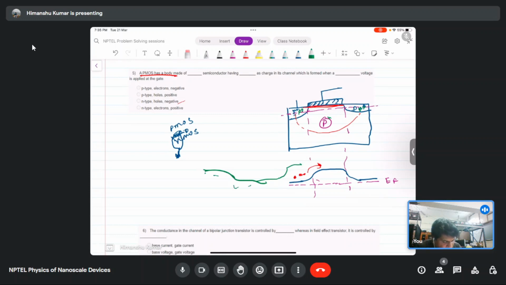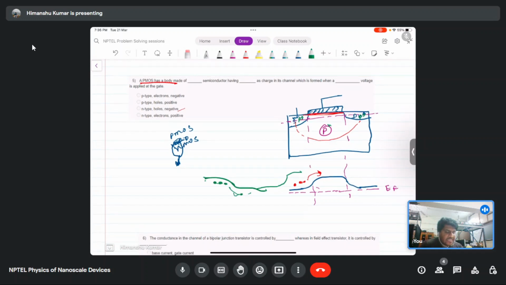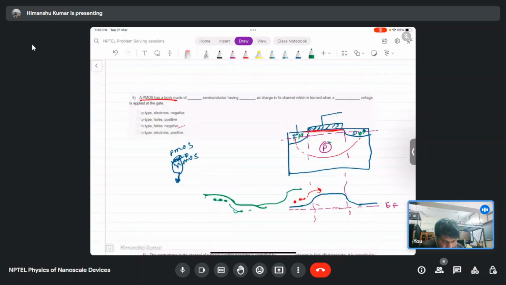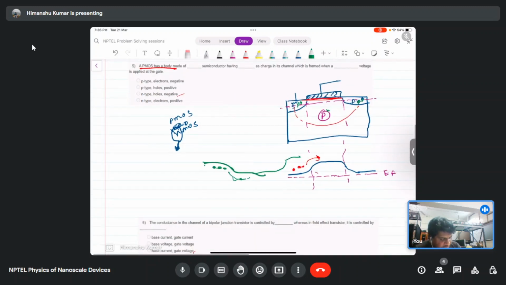If we draw the top of the valence band, the holes feel a barrier to go to this side, which blocks the channel. In the case of PMOS, the majority carriers will be holes.